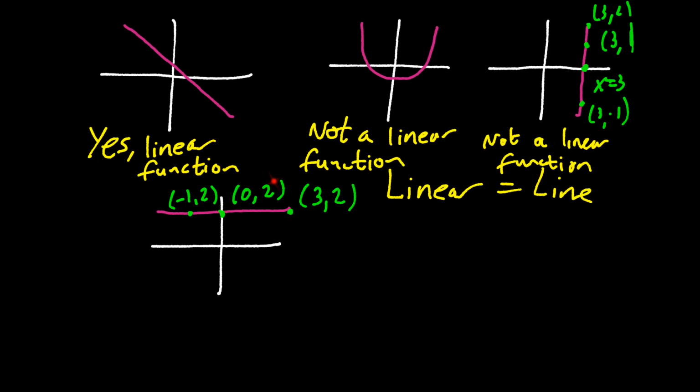If I want the domain and range of this line, my domain would be -1, or just these points. Let's pretend they're not connected, but we had -1, we got 0, we got 3. The range is 2, 2, 2.